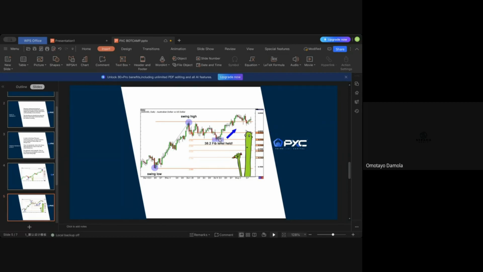Then it showed a rejection on this zone. Then it started flying back up again. When we teach more on candlestick patterns, you're going to understand why it was even better to take the trade here and not here. So we'll dive into that later during the course of the boot camp.